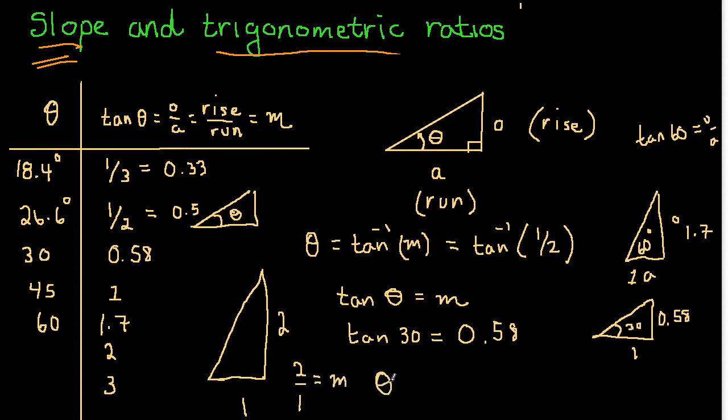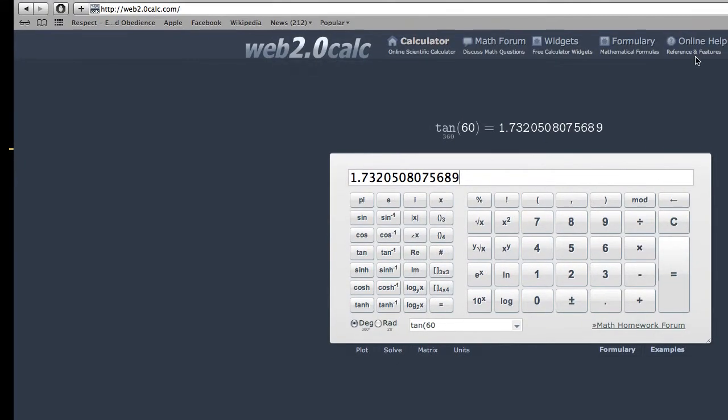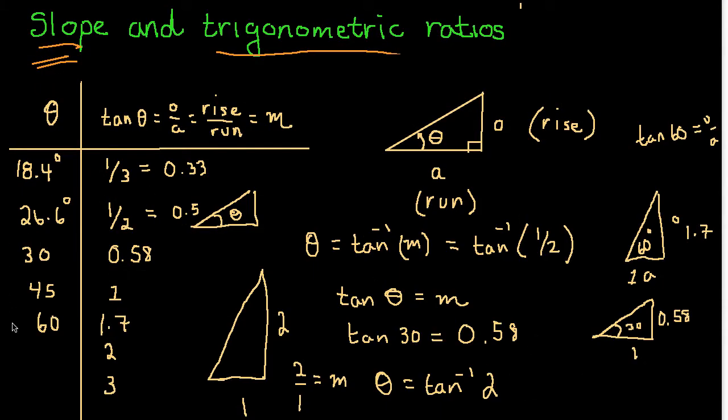So if I want the angle, I'm going to take the inverse tan of my slope and see what I get. Inverse tan, oops, let's clear that. Inverse tan of 2, 63.4 degrees. Okay, so 63.4.